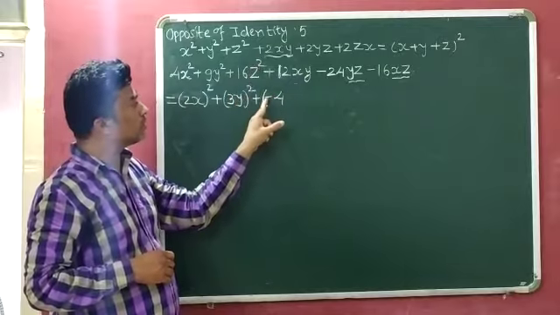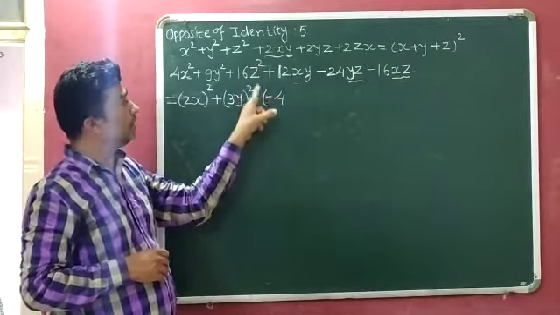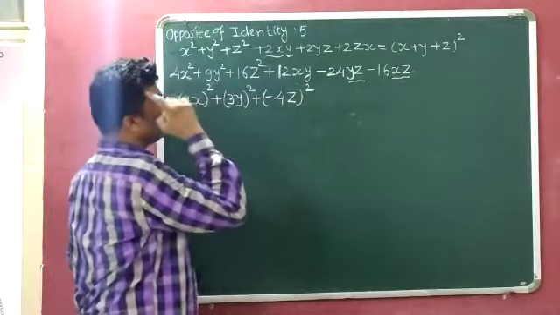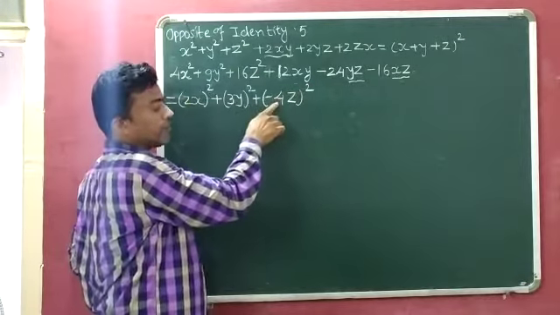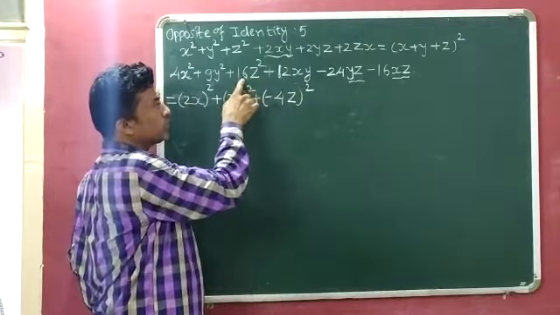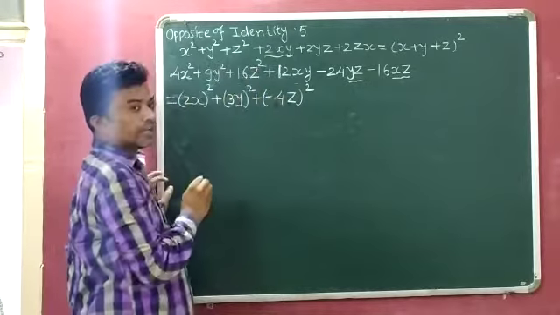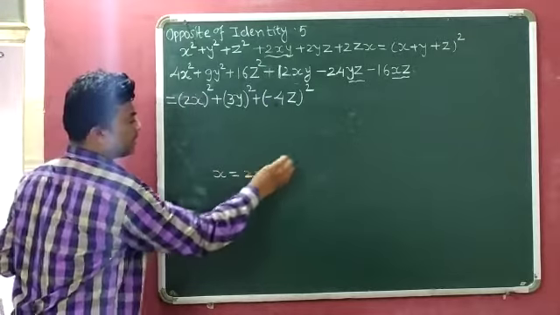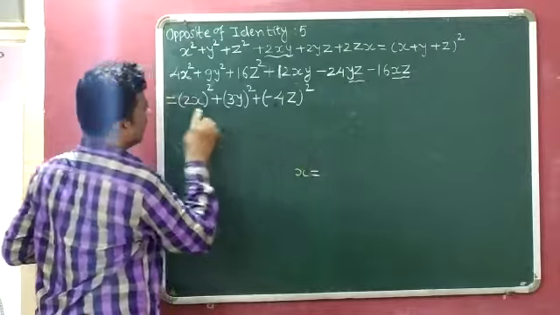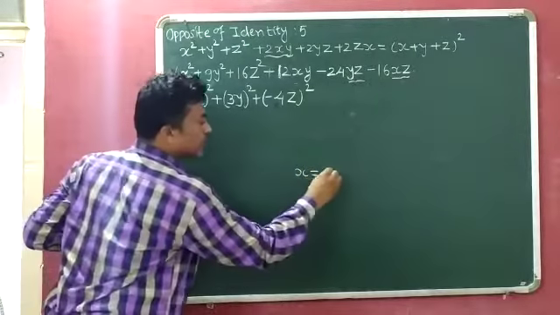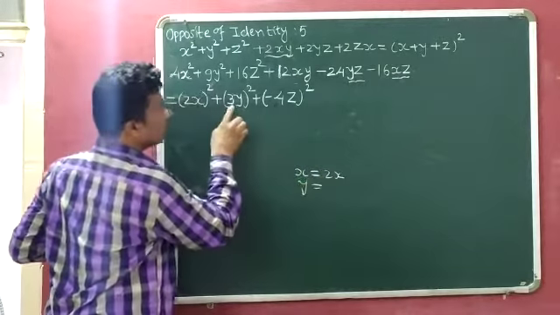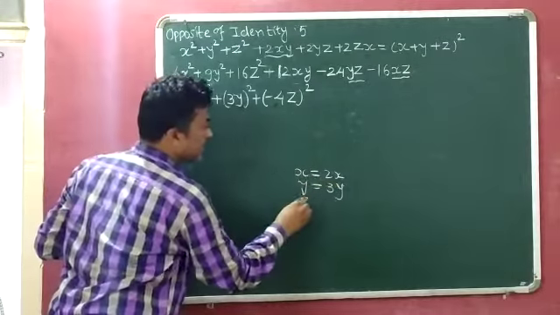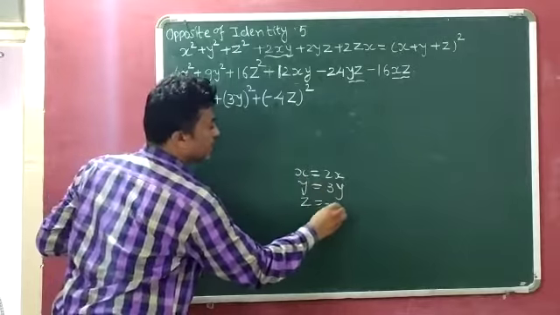16 square root is 4, so the negative sign we can write here. And z square root is what? z, and its square. So see children, minus 4 square, so minus 4 multiply minus 4 is 16 and z square. Now see children, here x we consider 2x, y we consider 3y, and z we consider minus 4z.